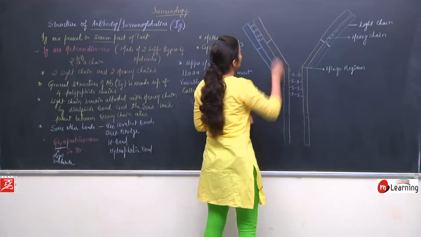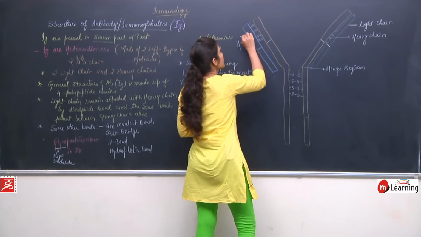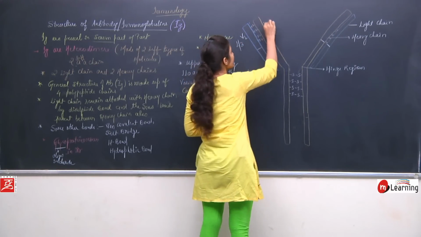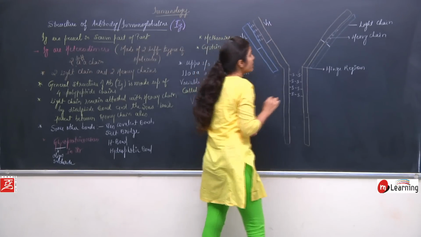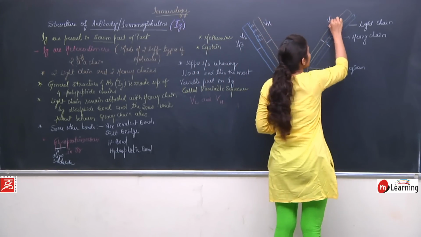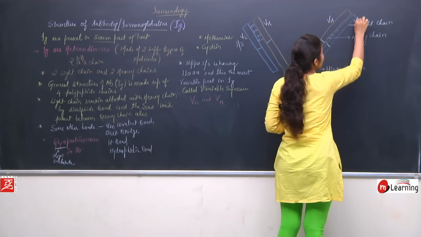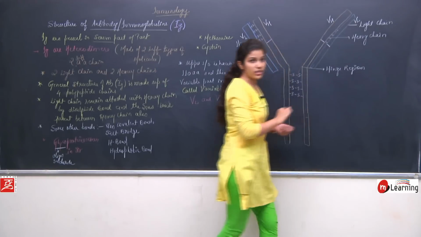So, this one is variable part of light chain, variable part of heavy chain, and this one variable part of heavy chain and variable part of light chain, okay.